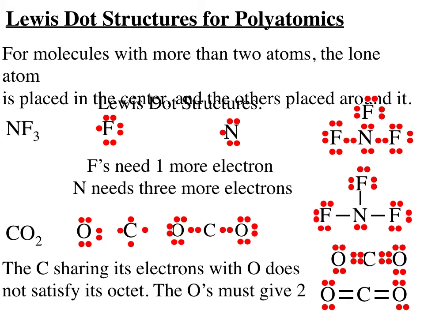So the C is still short 4 valence electrons in its attempt to complete its octet. The only way you can draw this so that both the central C and the external O's have complete octets of electrons is if the C gives 2 electrons outward to each O, while the O's on the outside each give 2 electrons inward to the central C.